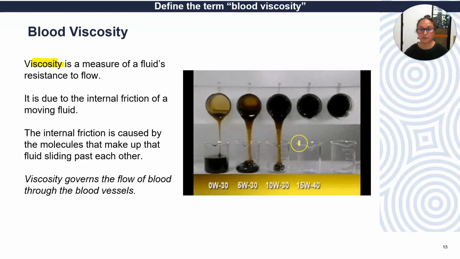So if you have a look at this GIF that I have here, the viscosity here is from low to high. So this one is lower, it's not as resistant to flow as this one, okay? So we need to keep that in mind. We need to keep viscosity in mind when we're talking about blood, because we want blood to flow a certain way.